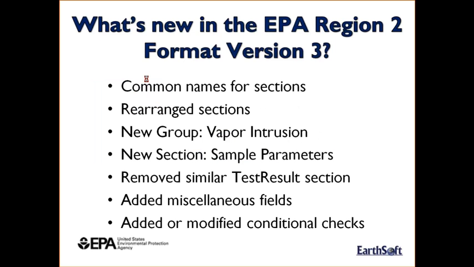So what's new in the EPA Region 2 version 3 format? We've already looked a little bit at the rearranging of the groups and the changing of the names to common names. We'll go over some of the individual sections in the following slides and talk about what's been added, what's been removed, and some of the conditional checks in the format that have been modified.